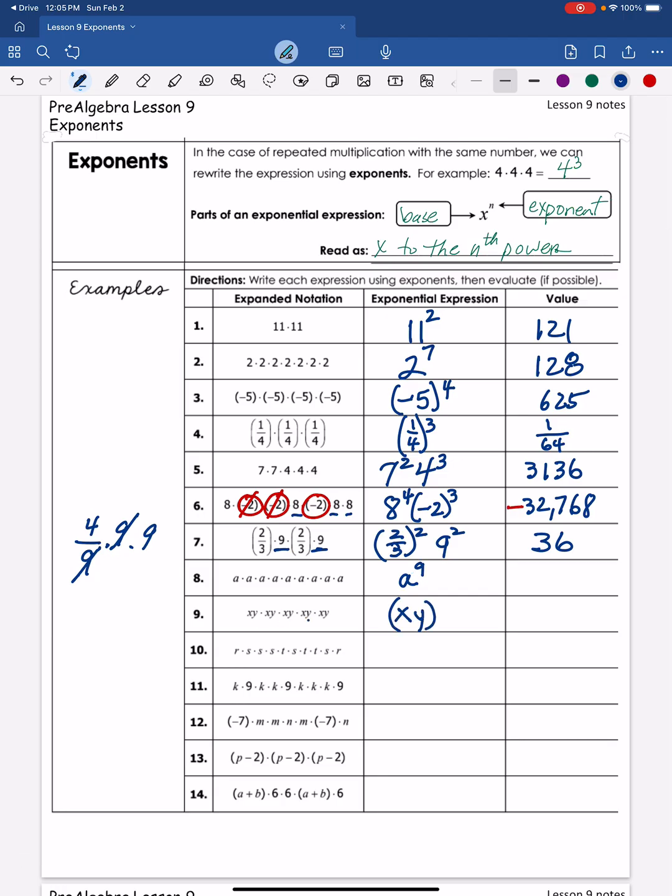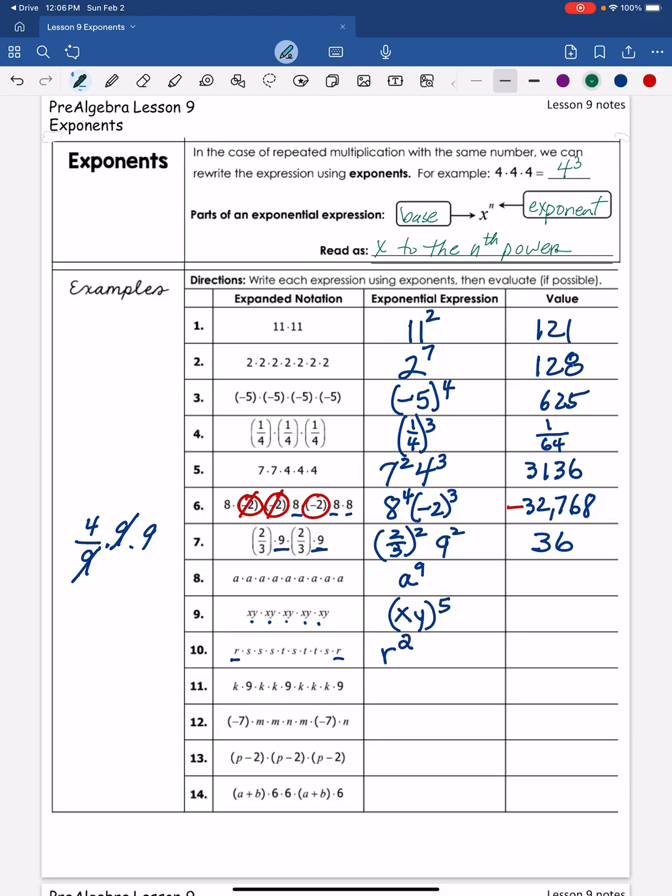Okay, I'm just going to put those together. And that happens 1, 2, 3, 4, 5 times, so an exponent of 5. On the next one, you can see we've got different bases here. And again, it doesn't matter really which one you start with. If I start with the r, and I count how many r's there are, so 1, 2, that would be r squared then.